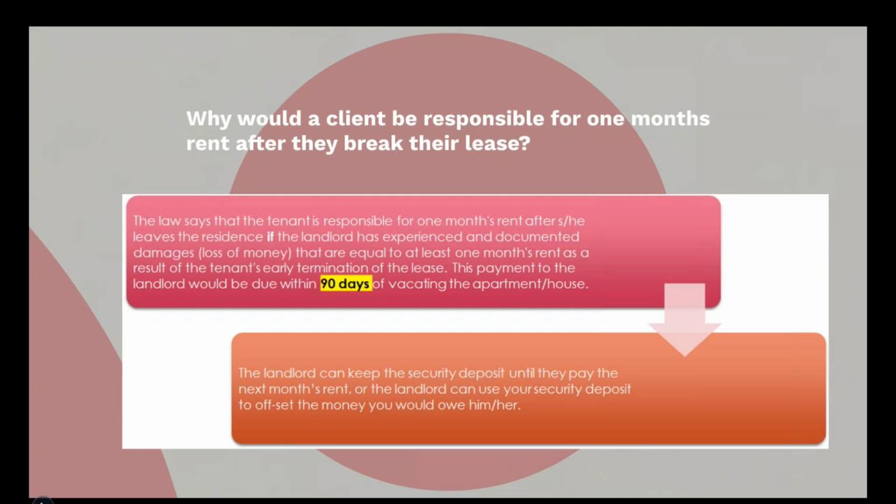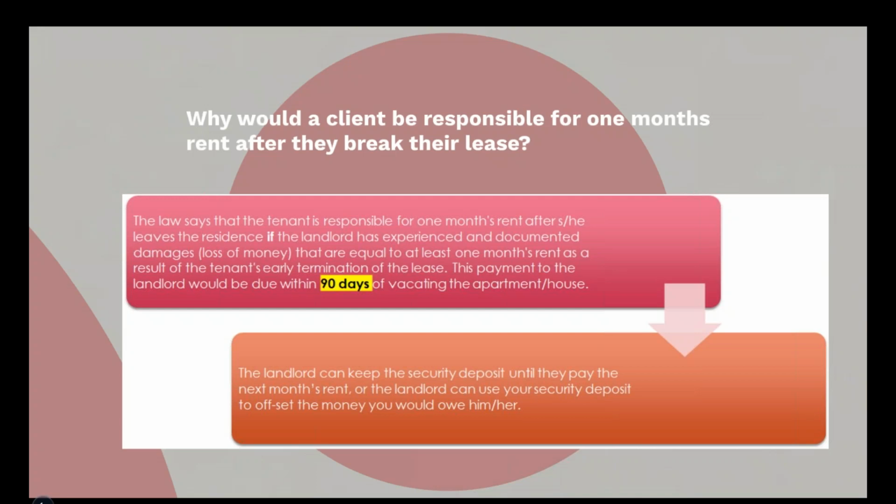And so I always mention to the survivors that I work with that when notifying the landlord about your circumstances, because that is actually one of the requirements of breaking the lease, you have to first notify them in writing that you are indeed a victim.